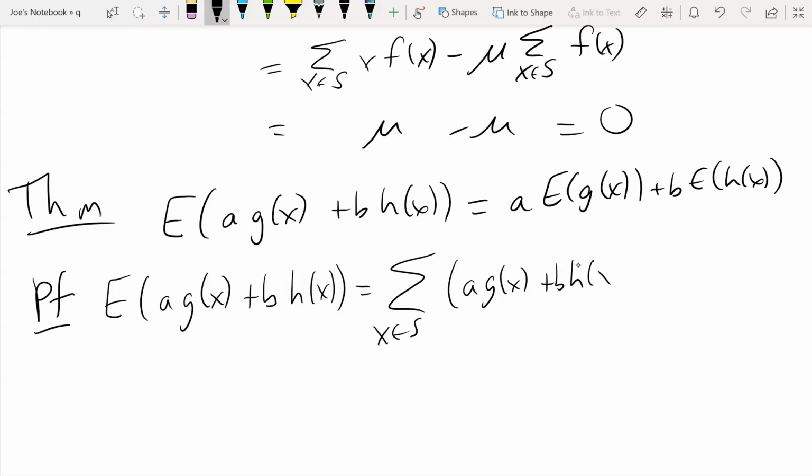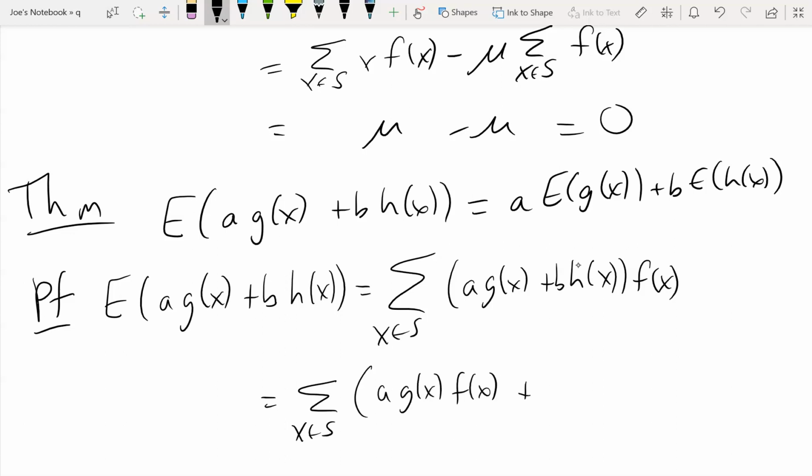I just take the function and multiply it by the PMF, right? That's just the definition of expected value, right? What did we do in the first step above? We took the PMF and we distributed it, didn't we? That was the first step that we did in the previous part.